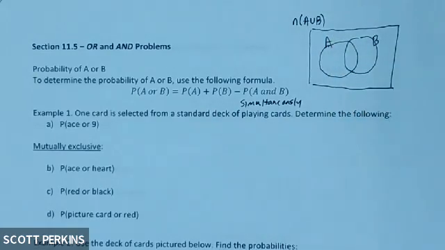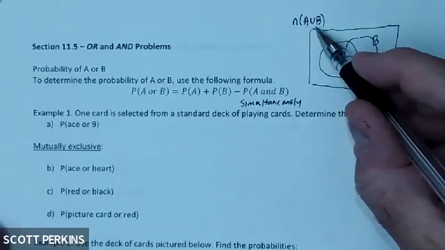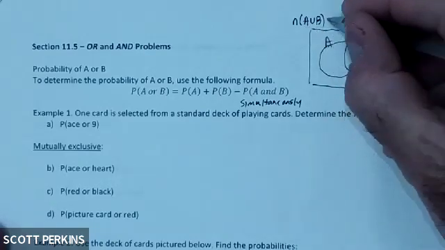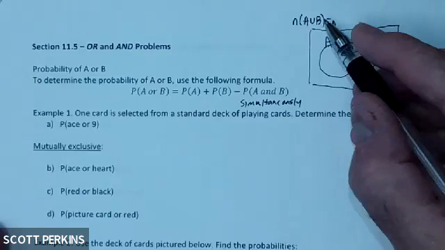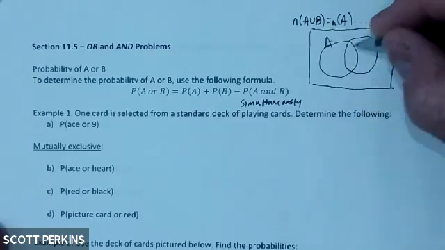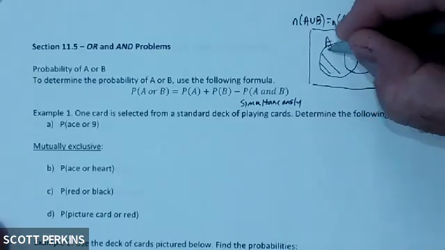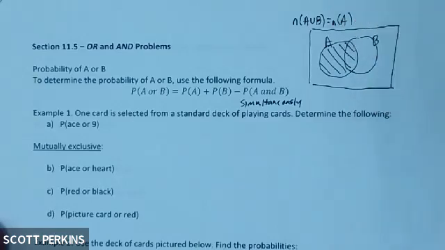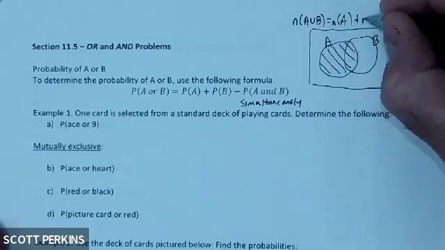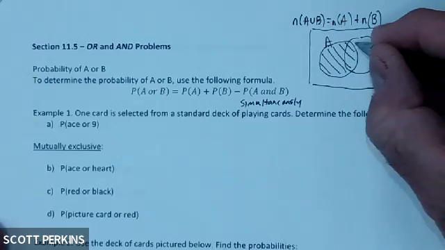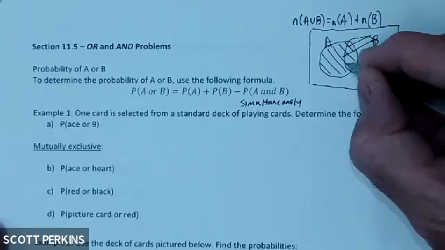The reason I'm bringing this up is there is a lot of overlap between sets and probability that we're not talking about, but this is the one area that we will notice it most. When I go to find the number of elements in A union B, here's how we did it. We found the number of elements in set A, so I'm going to use some shading that goes down and to the right. Then we added to it the number of elements in B, and I'll shade down to the left.